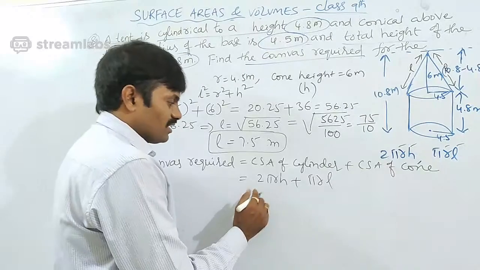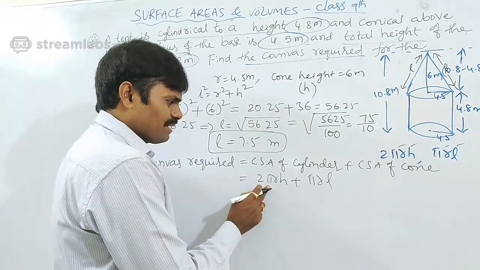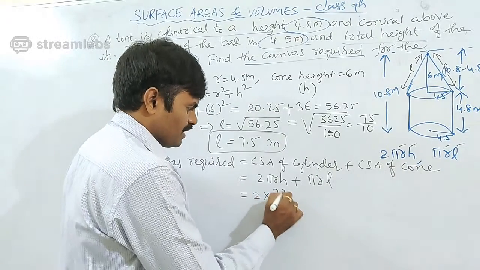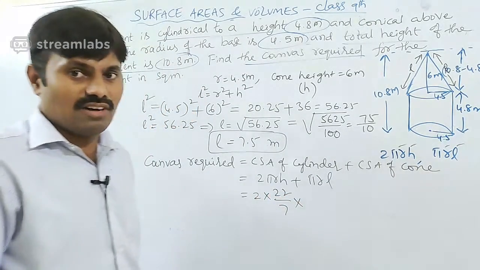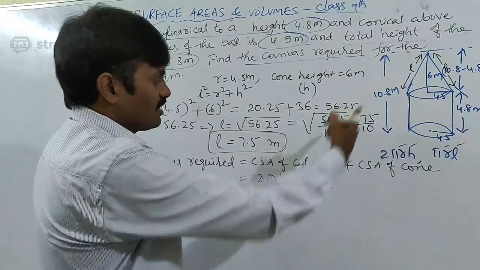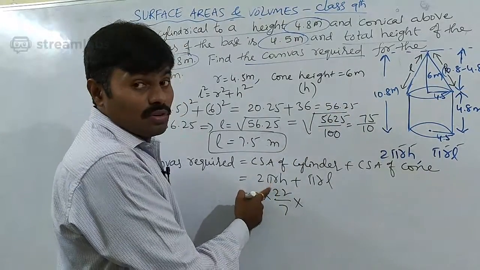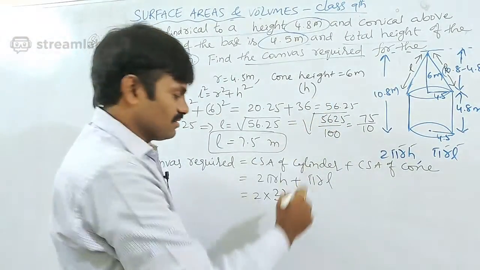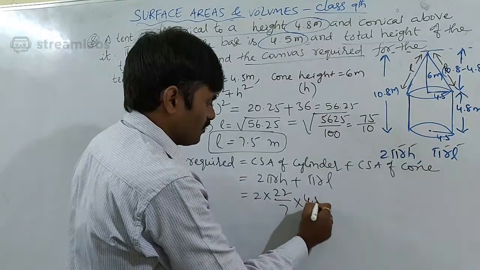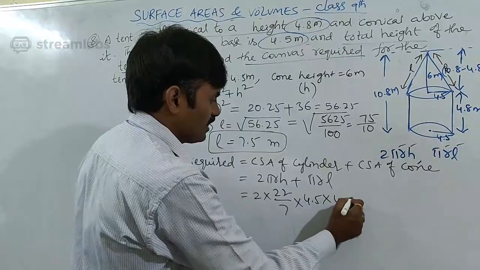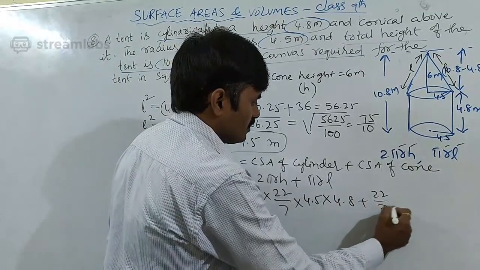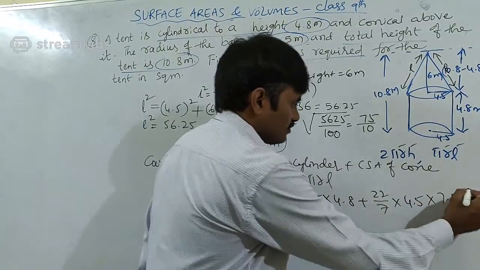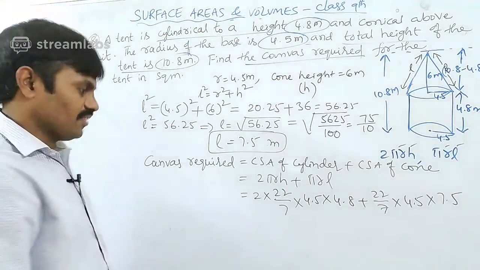Now the pi value is the same here, so we can take 2 pi common, or else substitute directly. 2 into 22 by 7 into R value. The base radius is the same for the cone and the cylinder, so R is 4.5, into the height of the cylinder, 4.8, plus 22 by 7 into base radius 4.5 into slant height, 7.5.